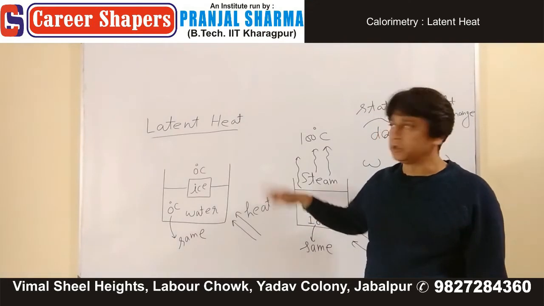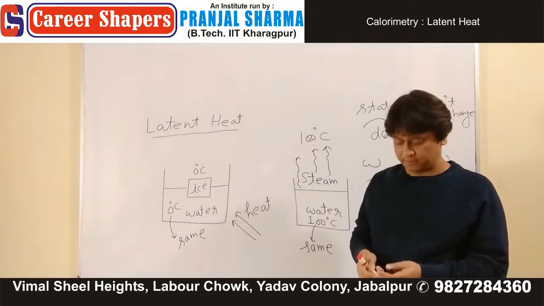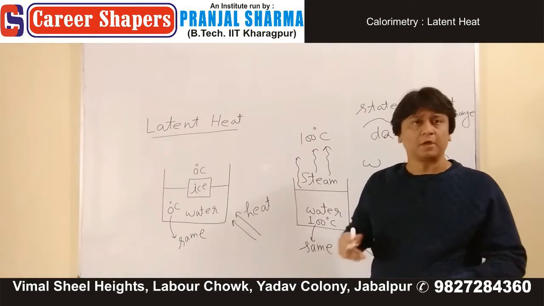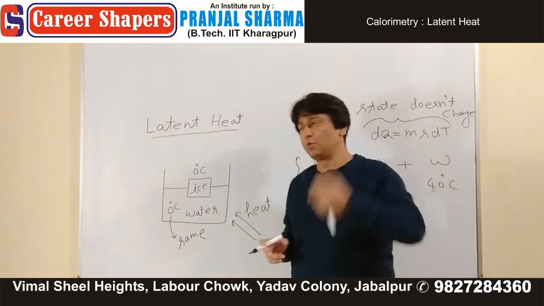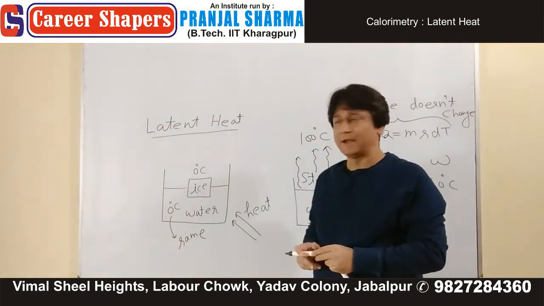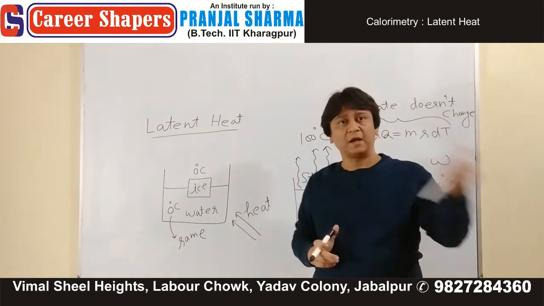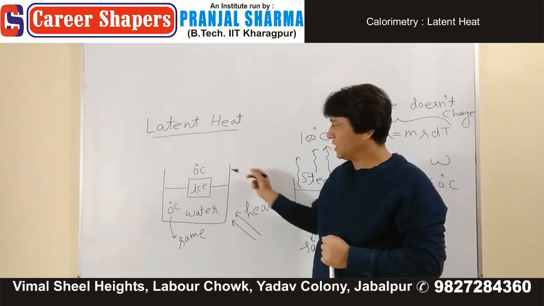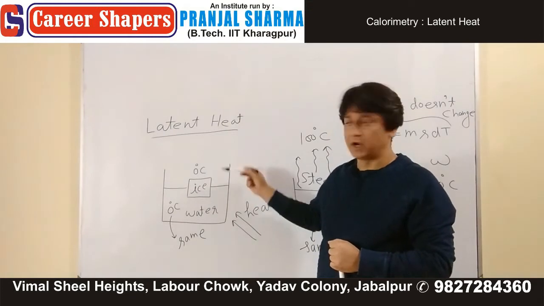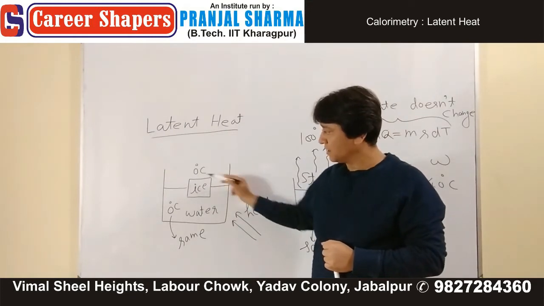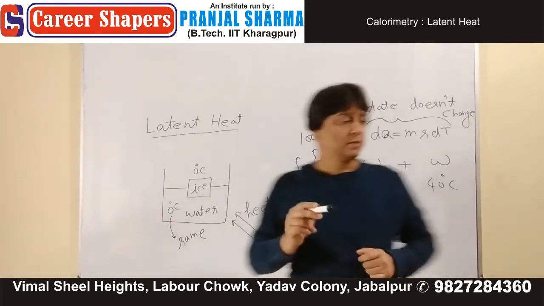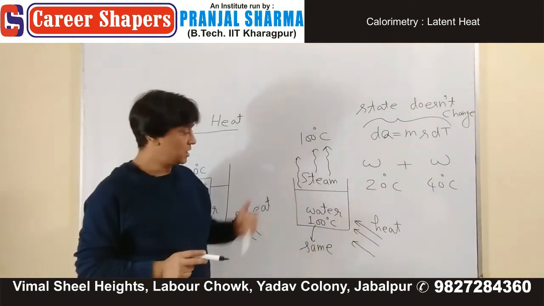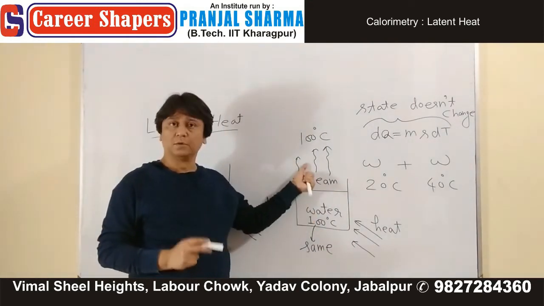Now we study the whole thing in terms of latent heat. As there is no change in temperature, then what is that heat doing? That heat is simply converting solid into liquid, or liquid into gas.